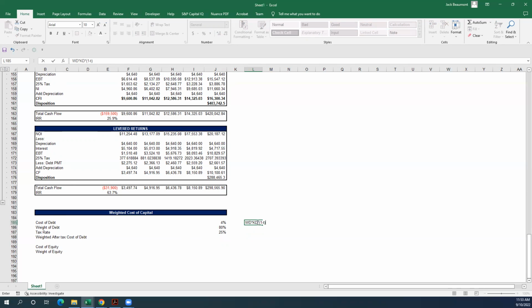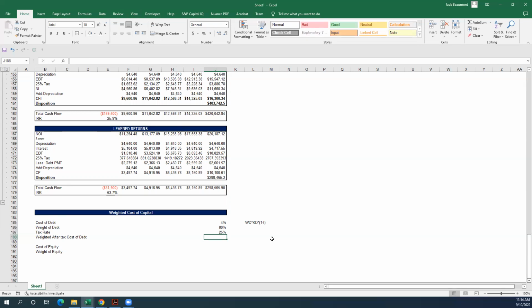The reason we do that is because the interest payments on debt reduce our taxable income, which is a good thing because interest is lowering the taxes we're going to pay. So it acts like a tax shelter. That's a benefit to us, so it takes away a cost feature of the debt by lowering our tax bill. So that's why we do that.